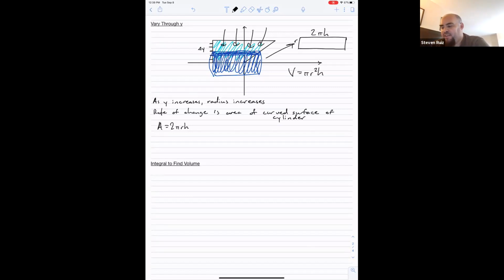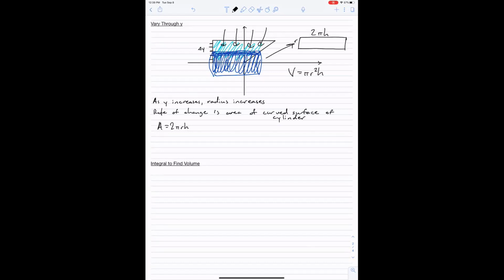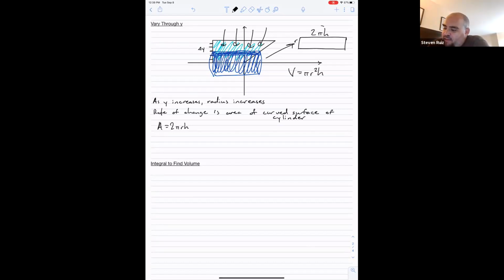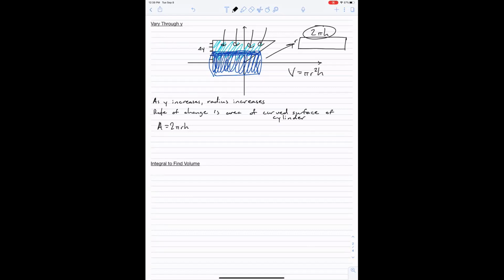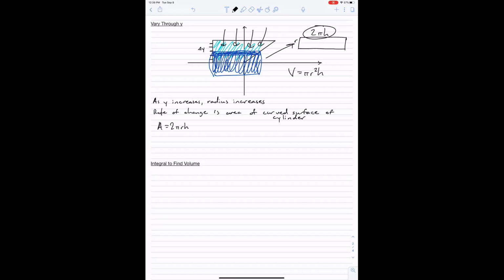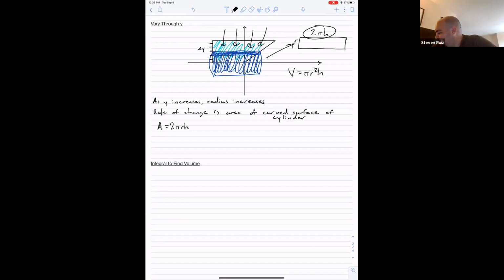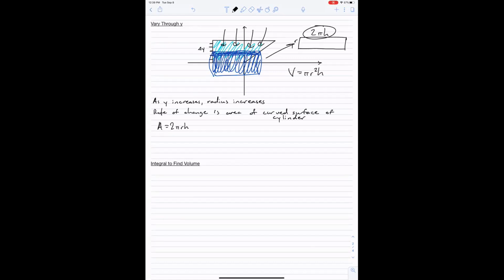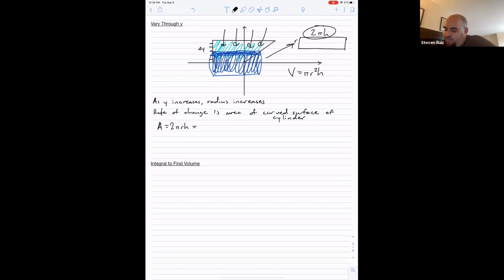Just envision taking off that top layer and unrolling it. Okay, so like one full layer. Yeah, basically. That's why this dimension is 2 pi h. It is the same as the circumference of the base of that cylinder. I was just confused if we were taking a segment. No, that was a full layer. Good question.